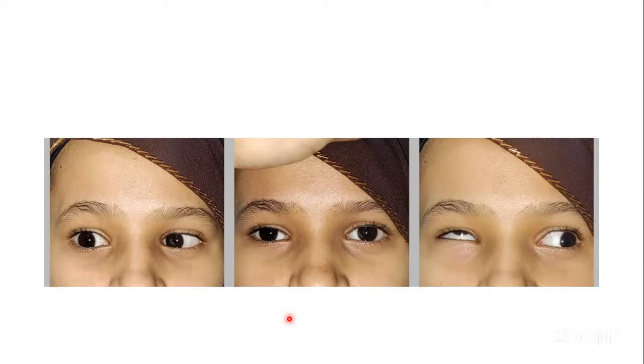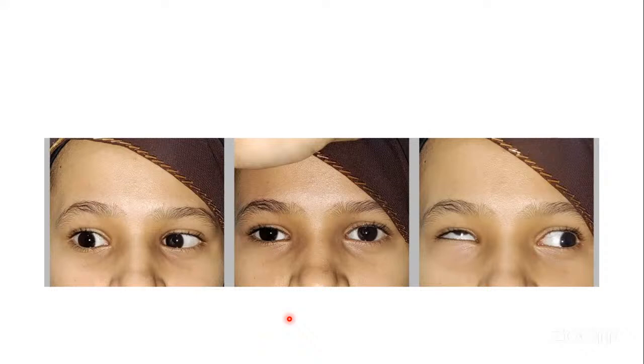This is a case. This is a picture showing three gazes of a female. In the primary gaze, the right eye is a little bit ptotic and a little bit outward.